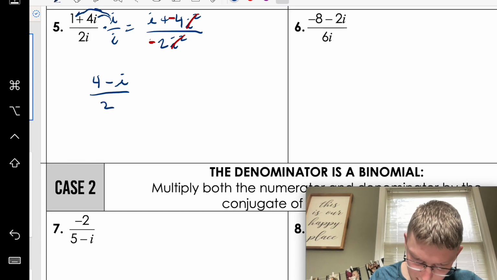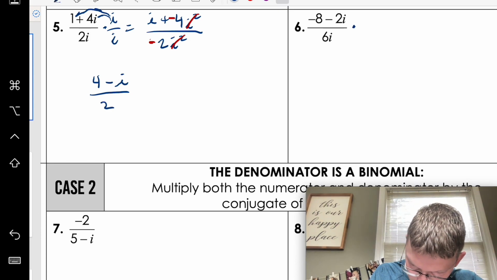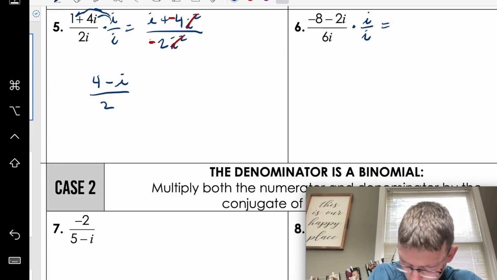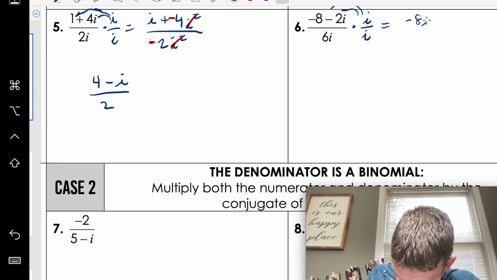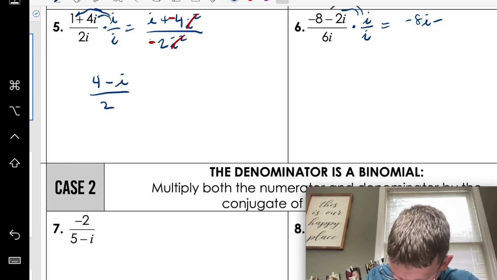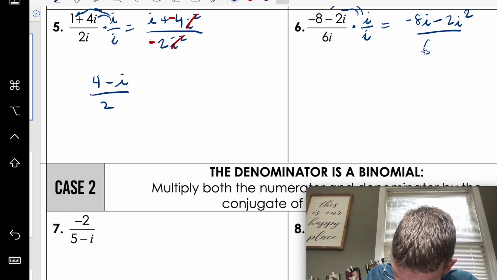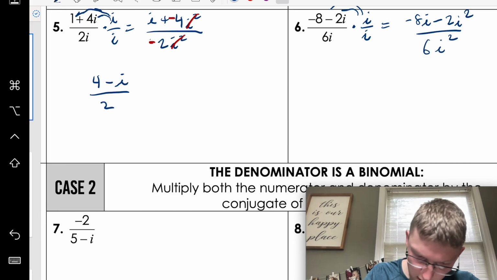All right, so this next one, again, same process, i over i. So we distribute this. We're going to have negative 8i minus 2i squared all over 6i squared.